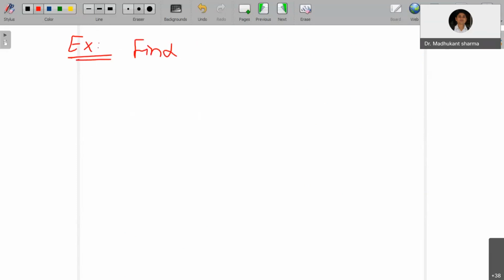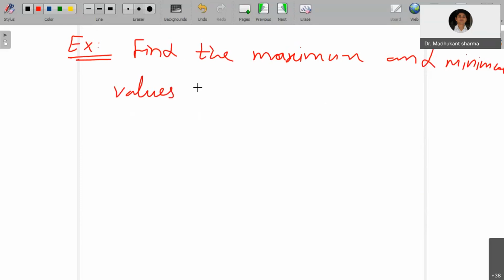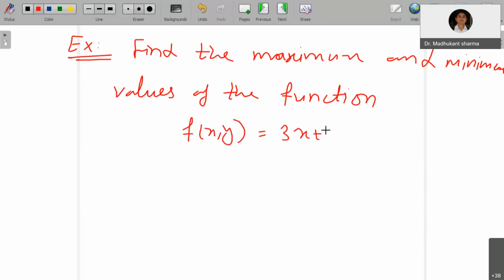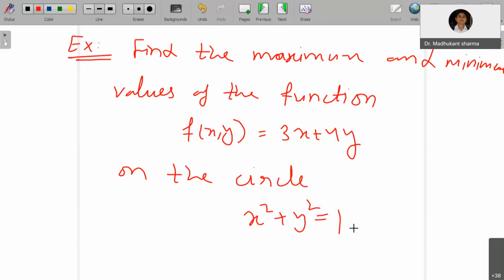Find the maximum and minimum values of the function f of x comma y equals 3x plus 4y on the circle x square plus y square equals 1, the unit circle. It will be more clear that way.